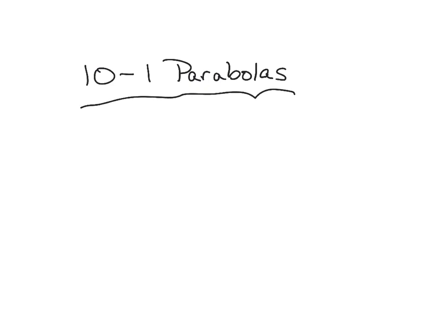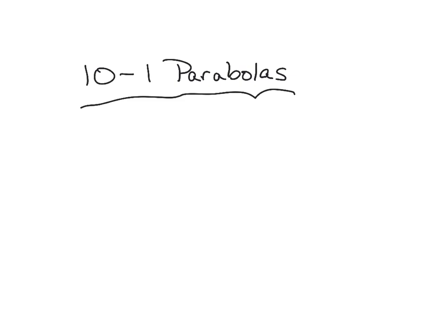We spent 3 days on this. The first day we learned about the different forms of the equation. We learned how to find the focus, the directrix, the axis of symmetry, finding additional points, and then graphing it in day 1. Then day 2 was completing the square, and then day 3 we were writing equations.